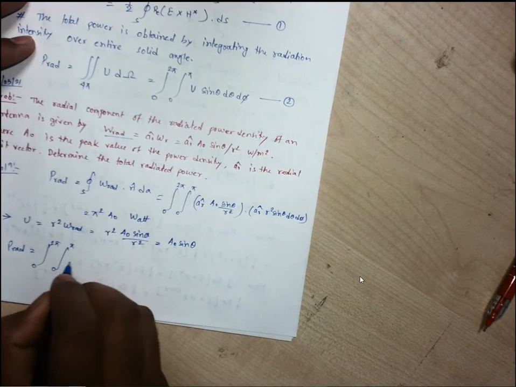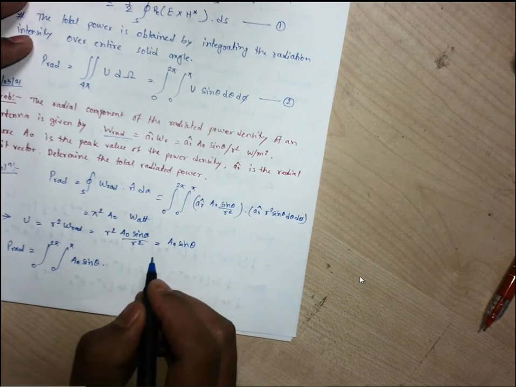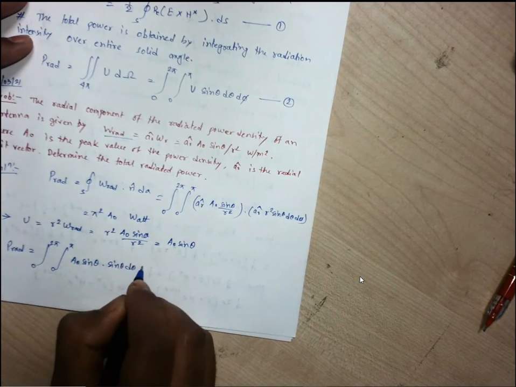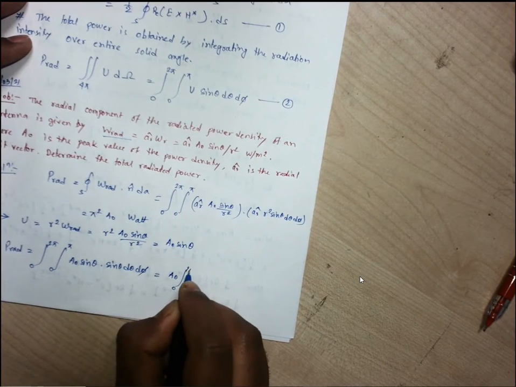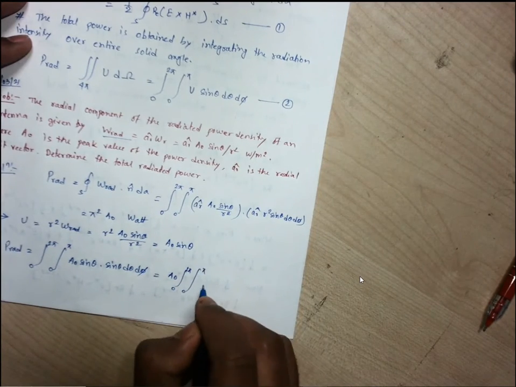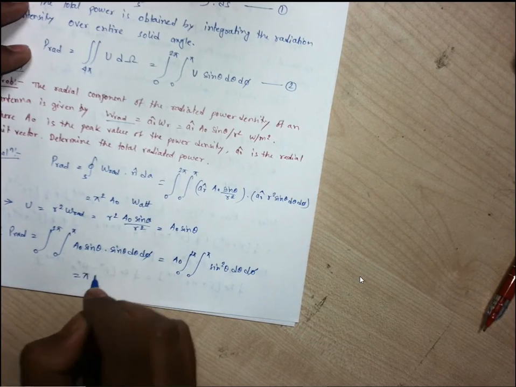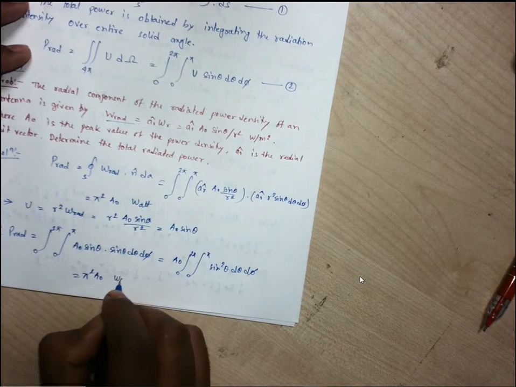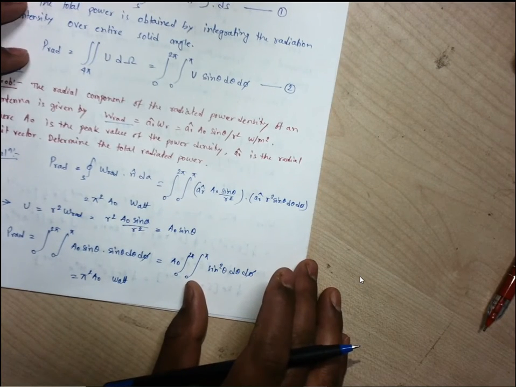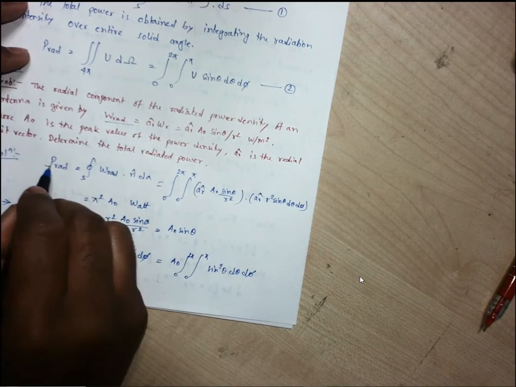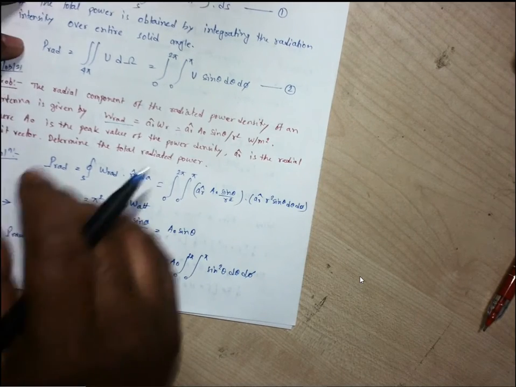So we can write this as the integral of sin square theta d theta d phi, and it comes out to the same value, pi square into A naught watt. Same thing. So if the radiation power density is given, then we can find the total power radiated, and if the radiation intensity is given, we can also find the total power radiated.